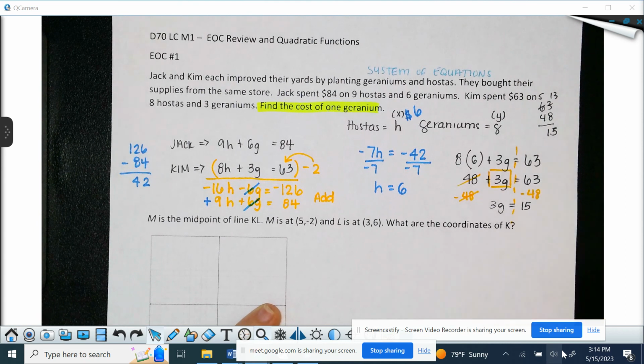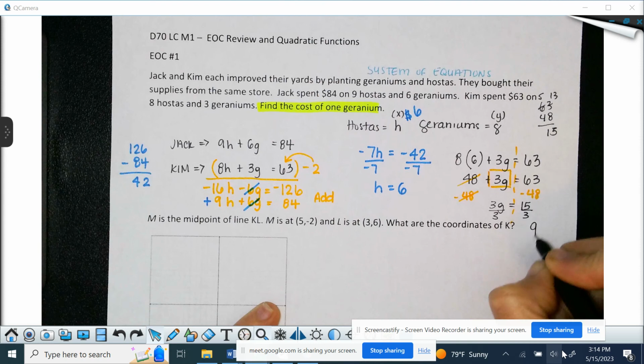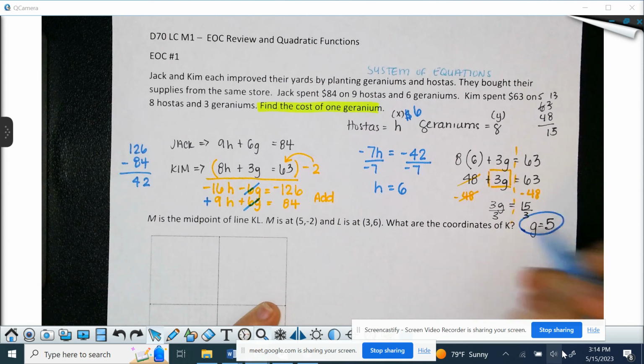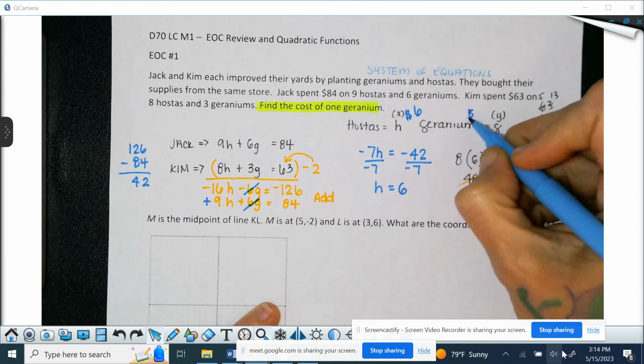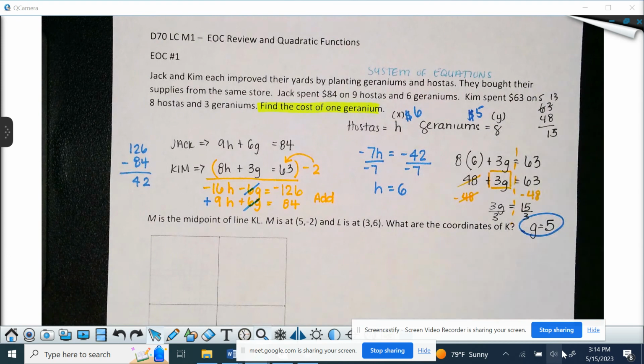How would I undo 3 times G? Divide by 3. Yep. And so G is going to equal 5. And that's the answer to our question. Geraniums are $5. Right? Geraniums are $5. Hopefully you're starting to see a pattern.